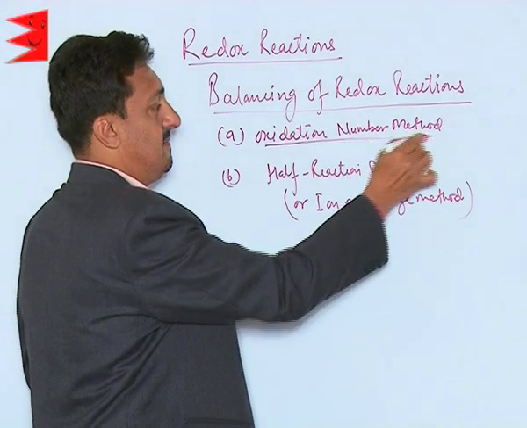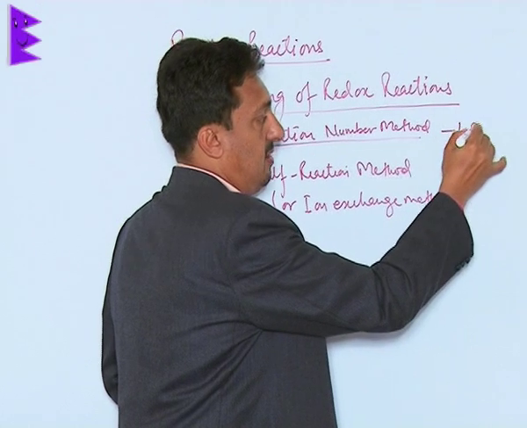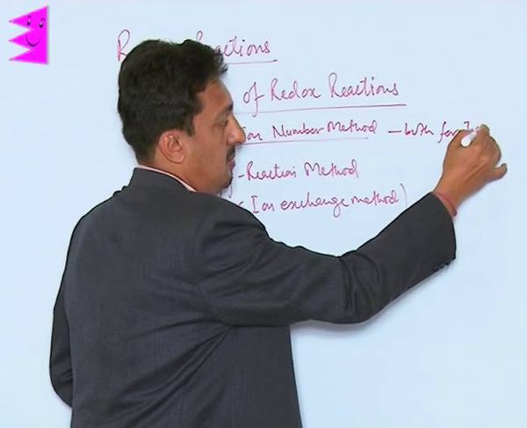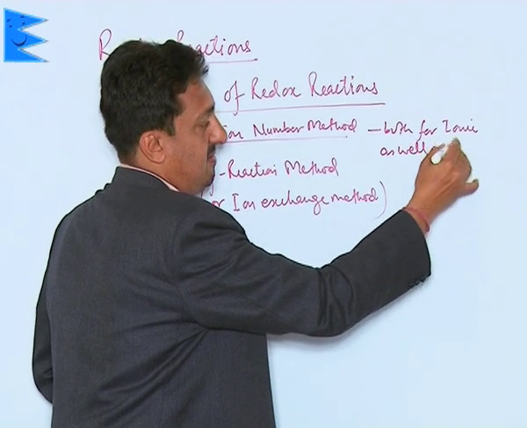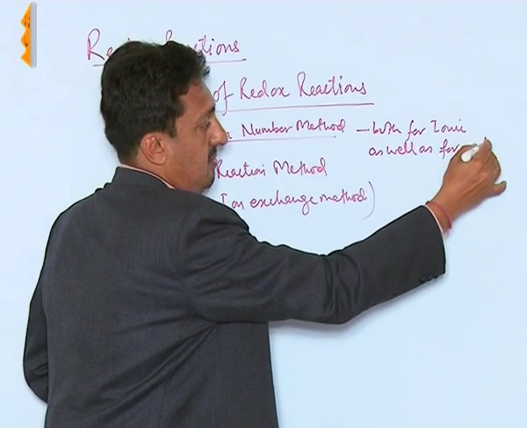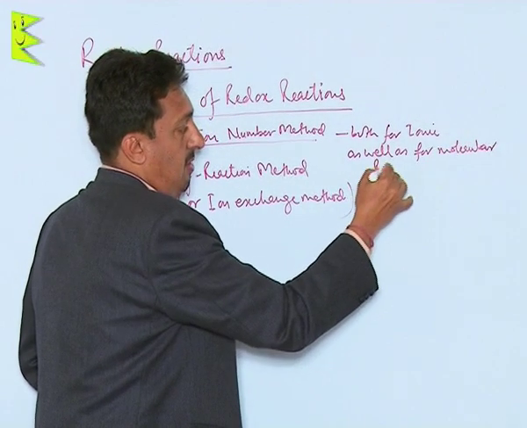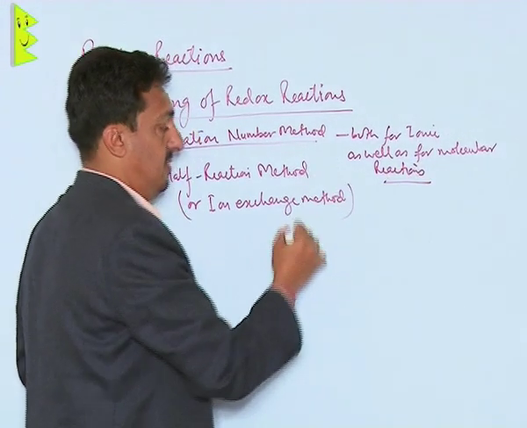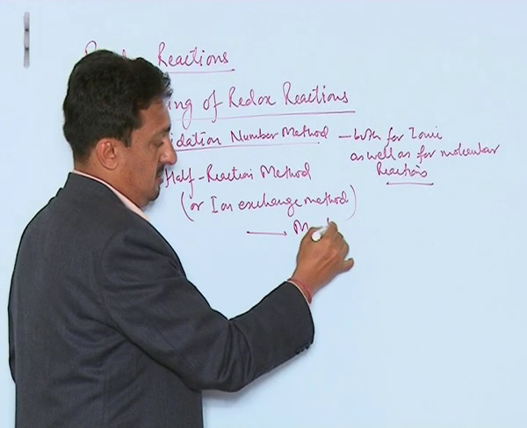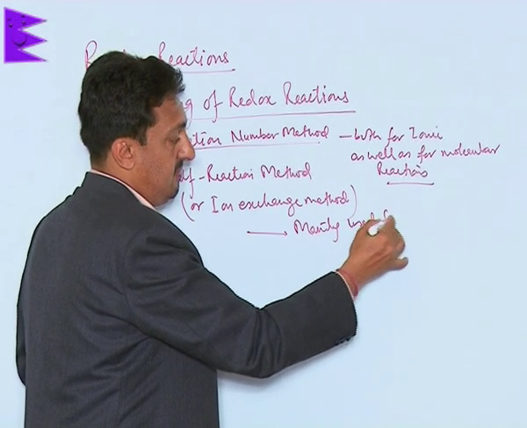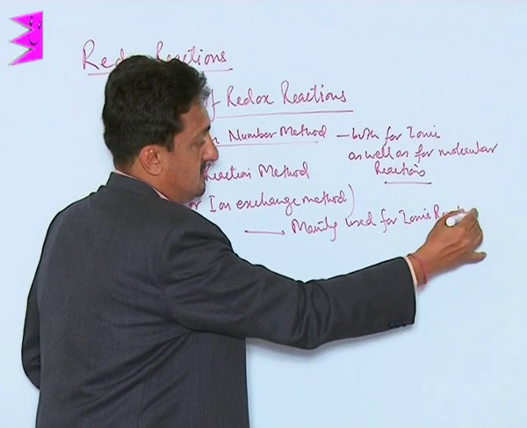The oxidation number method can be used for both ionic as well as molecular reactions, whereas the half reaction method is mainly used for ionic reactions.